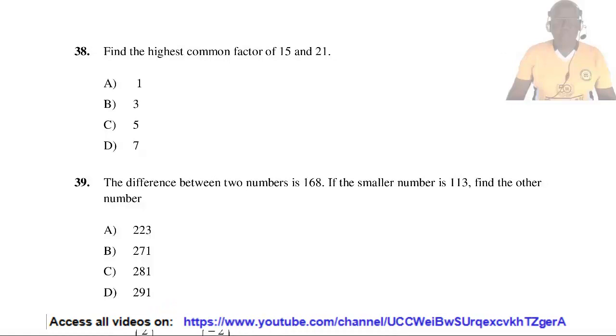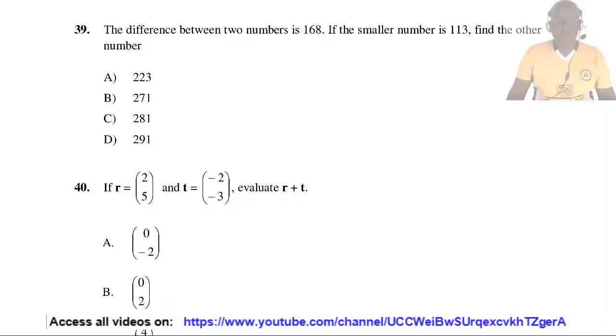Find the highest common factor of 15 and 21. The product of the prime factors of 15 equals 3 times 5, and that of 21 equals 3 times 7. So the HCF equals 3, which is common here and here. So the answer is B.